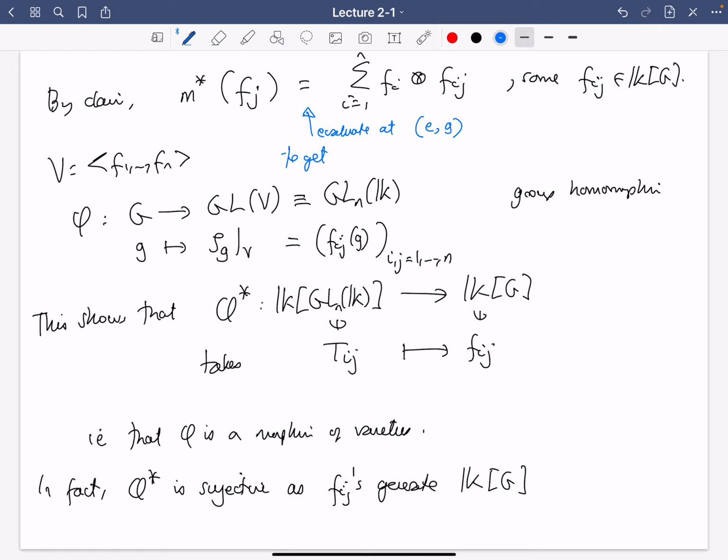So if I take this identity and evaluate both sides on the point E, comma, G in G cross G, the left-hand side, because there's an m star there, is the same as fj of G, and the right-hand side gives me the sum i equals 1 to n of fi of E, fij of G. Since this is true for every G, this tells us that fj is the sum of fi of E times fij.